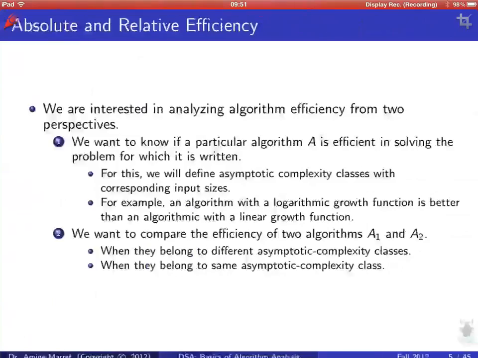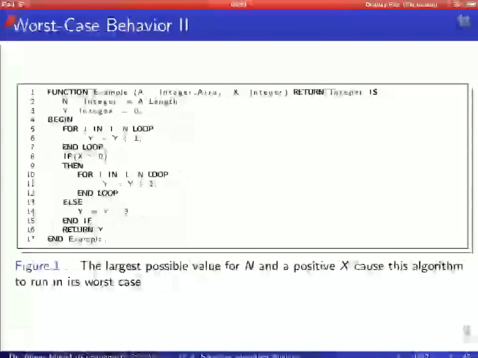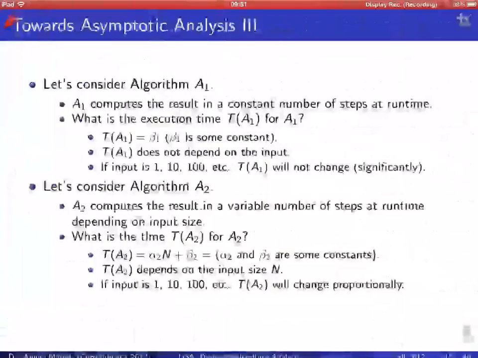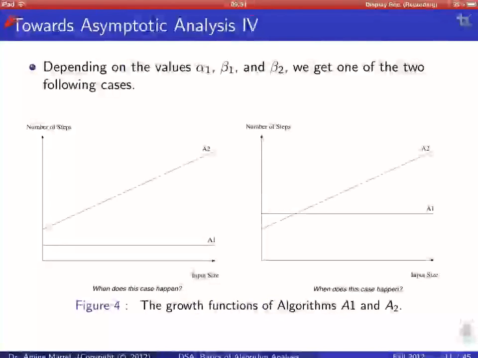So we reached some nice diagrams where we have seen two algorithms which implement the same functionality, but have different growth functions. We've seen two cases where one algorithm is initially better than the other.